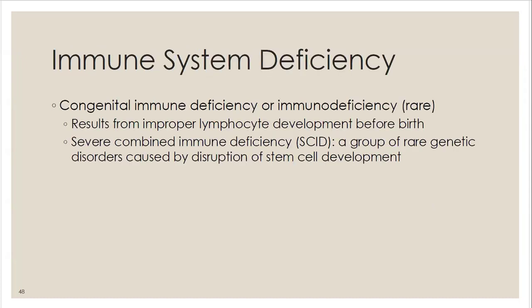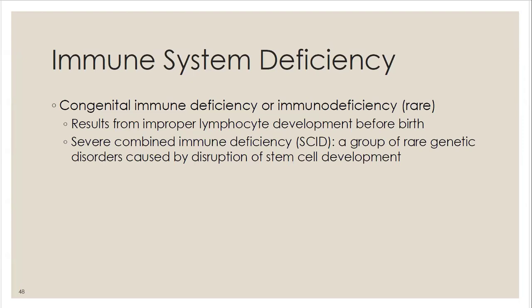Immune system deficiencies occur when the immune system is unable to provide an adequate defense against infections or other threats. You have congenital immune deficiency, also known as immunodeficiency, a rare condition caused by improper lymphocyte development before birth.